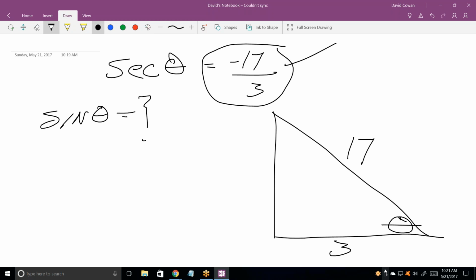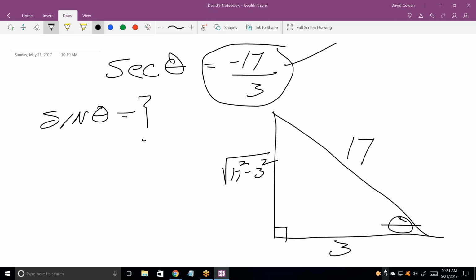That means it's either in the second or the third quadrant. They haven't told us that, and they need to. But I drew a right triangle, so I know the other side is the square root of 17 squared minus 3 squared. So now I have a triangle with all three sides dimensioned, and without ever figuring out what theta was, I can figure out the sine of theta, the cosine of theta, the tangent of theta, all of them.